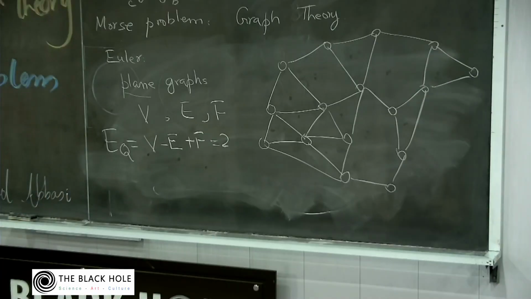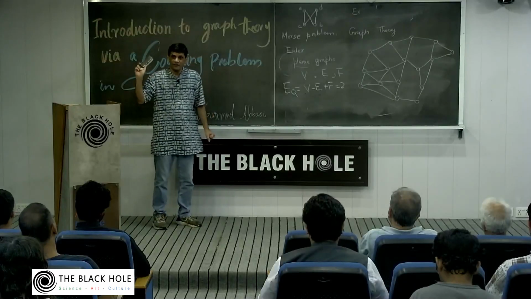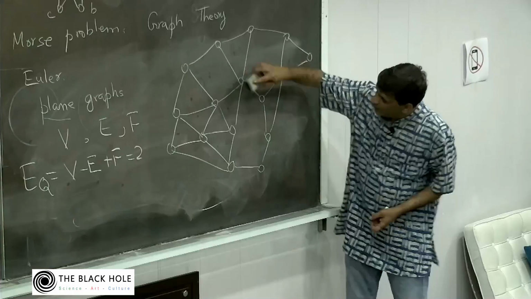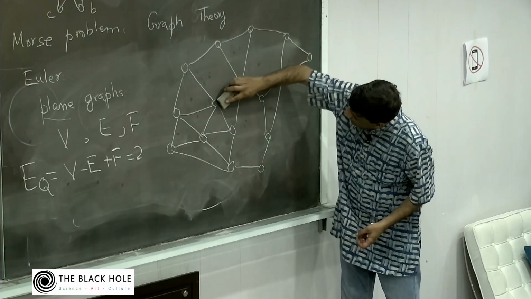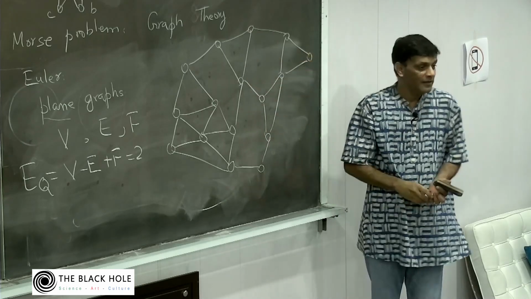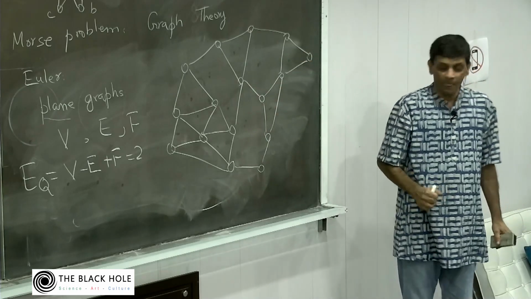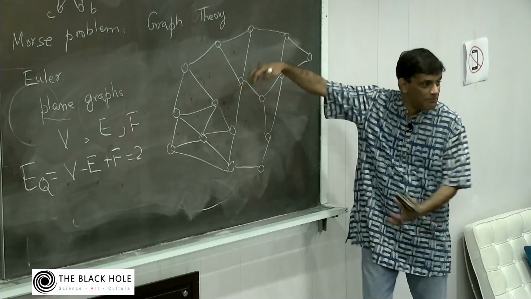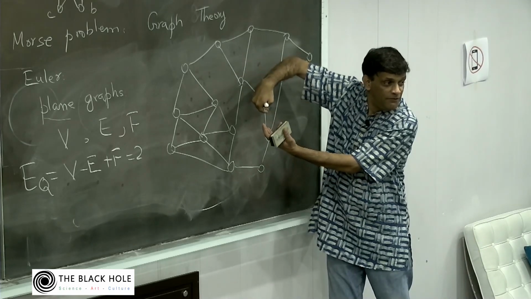Okay, all right. So to prove this, I need a tool, and this is what I need. So what he did was he went to his graph and he said, okay, let me erase this edge, and see what I did. I removed an edge, and I merged 2 faces.